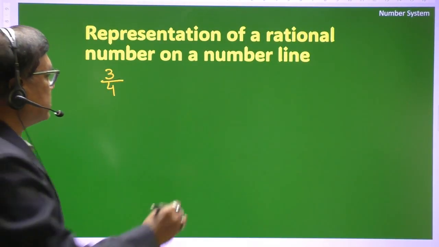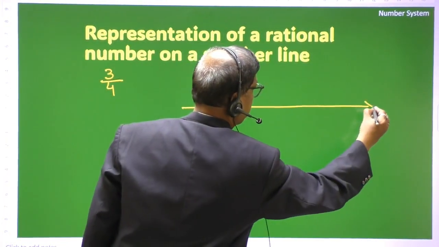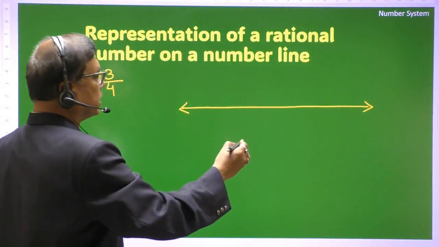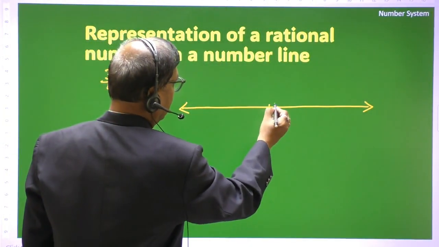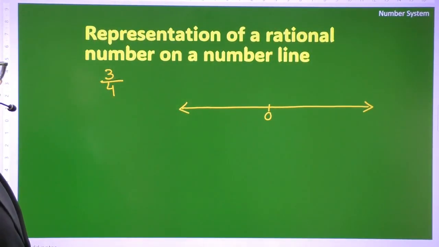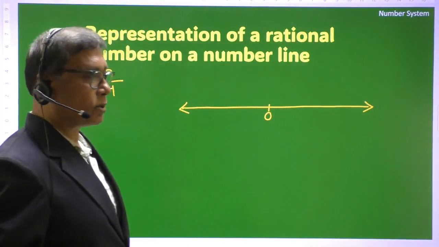So what is step 1? Step 1, we'll draw a number line like this, and we'll consider O, which is origin, that means 0. Now 3 by 4 I have to represent on this number line.